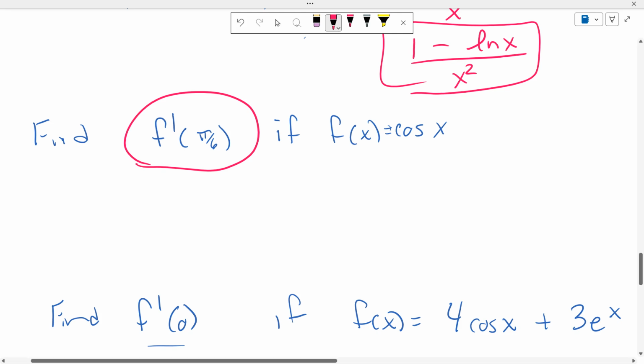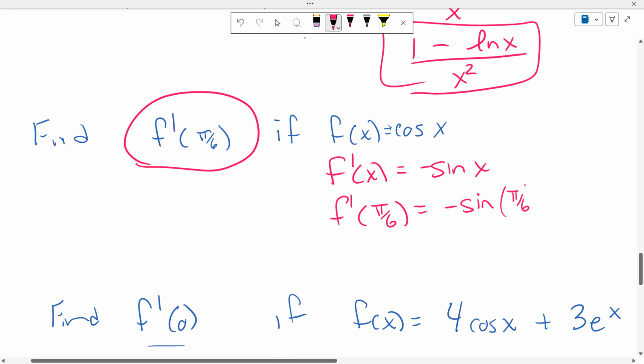Cosine is the x of pi over 6. So the first derivative of cosine is negative sine. So the first derivative at pi over 6 is negative sine of pi over 6.